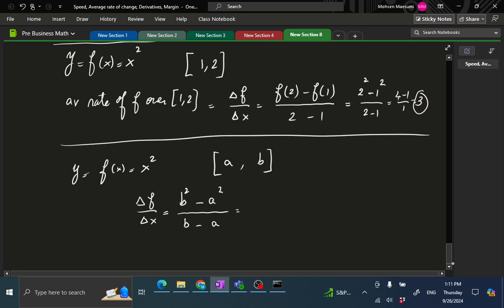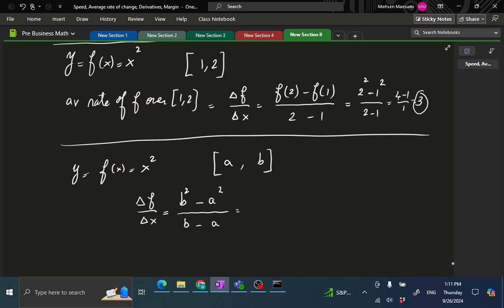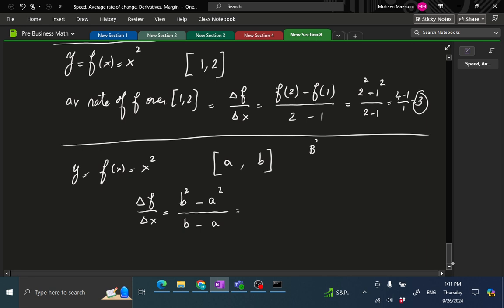Now comes the idea, can I simplify this? Can I make it even simpler than it was? Well, we remember an idea from our algebra class. If I have b squared minus a squared, I can write it as b minus a times b plus a. Is that right? Do you remember that? Why is that so?